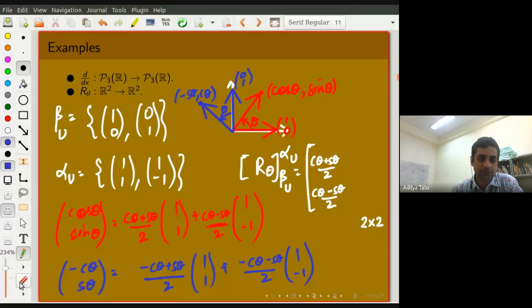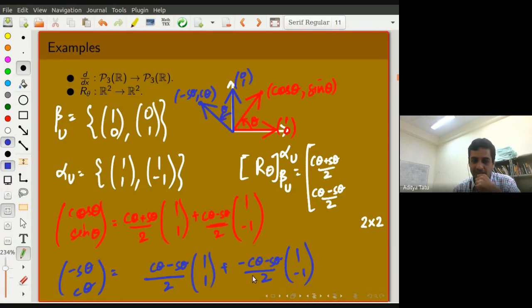Oh, then this will also be exchanged, right? Sin theta, cos theta. So what would the new scalars be? Minus sin theta, cos theta minus sin theta by 2, and minus cos theta, minus sin theta.